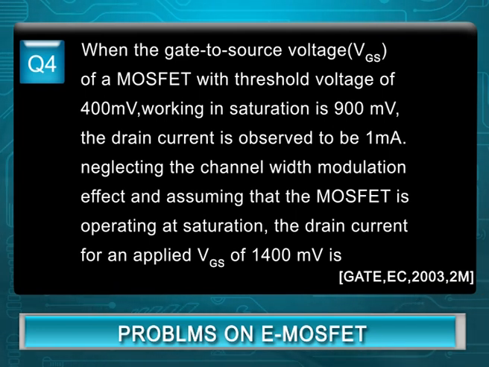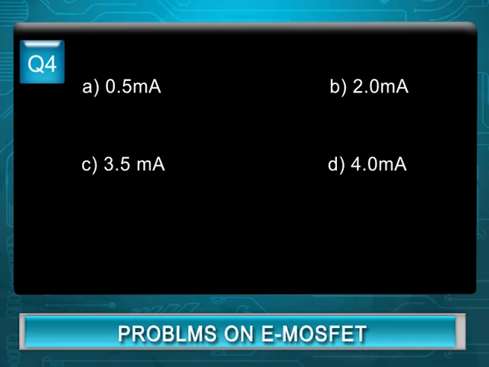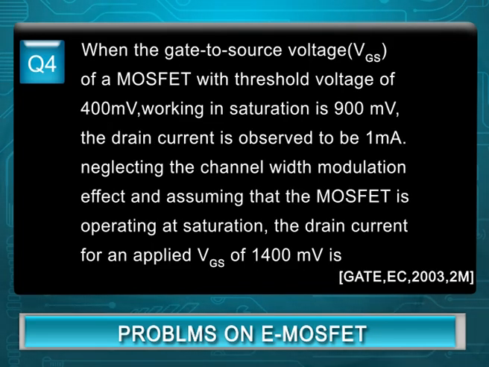Neglecting the channel width modulation effect and assuming that the MOSFET is operating in saturation, the drain current for an applied voltage of VGS 1400 millivolts is A. 0.5 milliamperes, B. 2 milliamperes, C. 3.5 milliamperes, D. 4 milliamperes. GATE EC 2003. It's given for 2 marks.